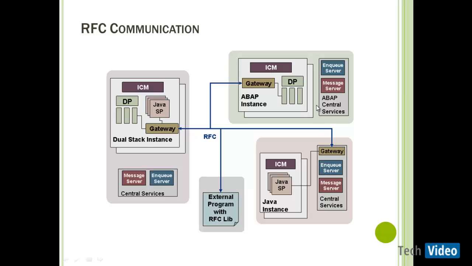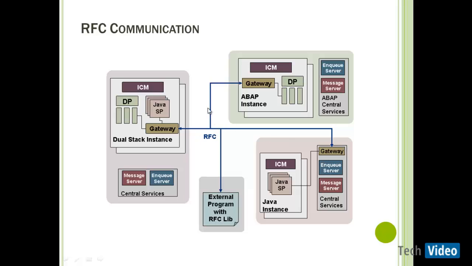If you can see in this diagram, this is an SAP system where you have a gateway service already in the ABAP instance. Here you can also see one SAP system which has only a Java instance. There also you have a gateway service.